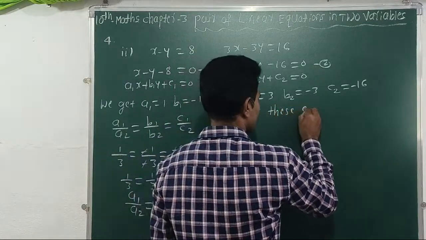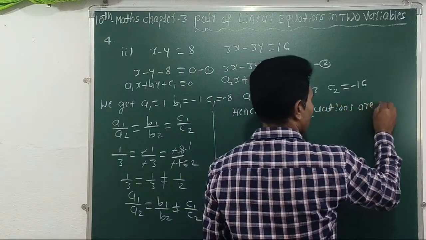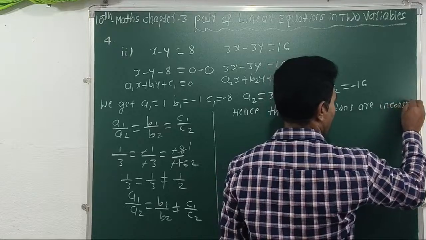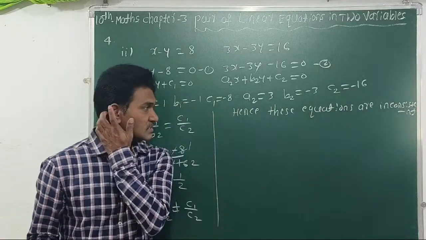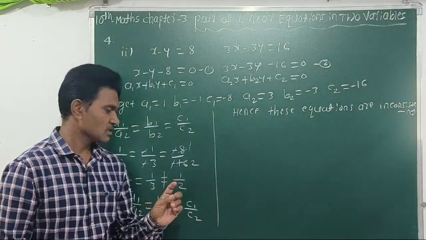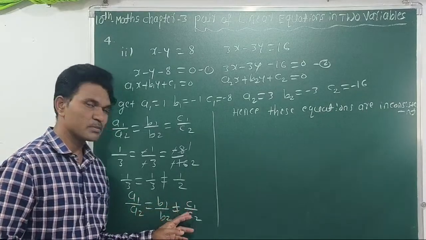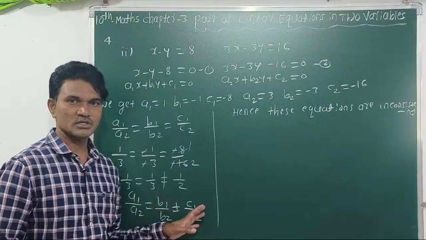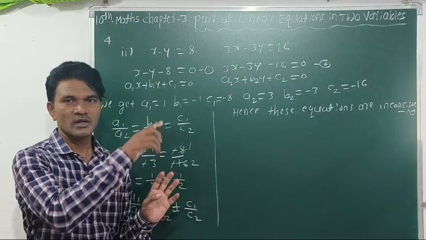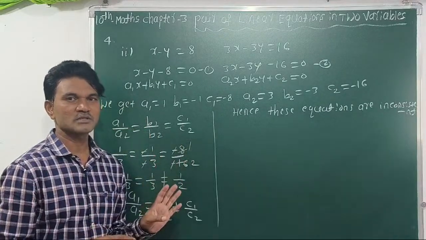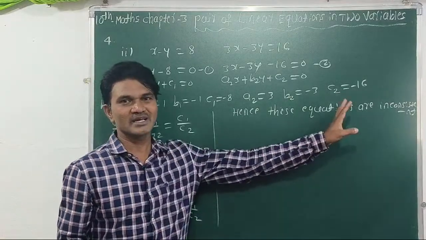Hence these equations are inconsistent because if a1 upon a2 equals b1 upon b2 not equal to c1 upon c2, they have no solution because the graphs of these two equations are parallel lines. Parallel lines means they have no solution. No solution means these equations are inconsistent.